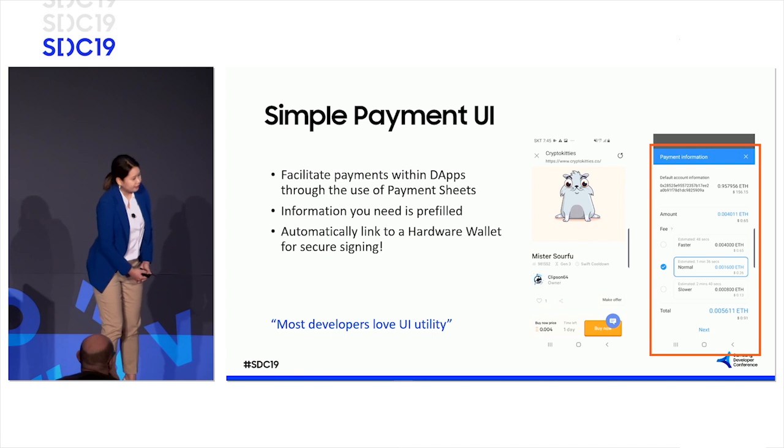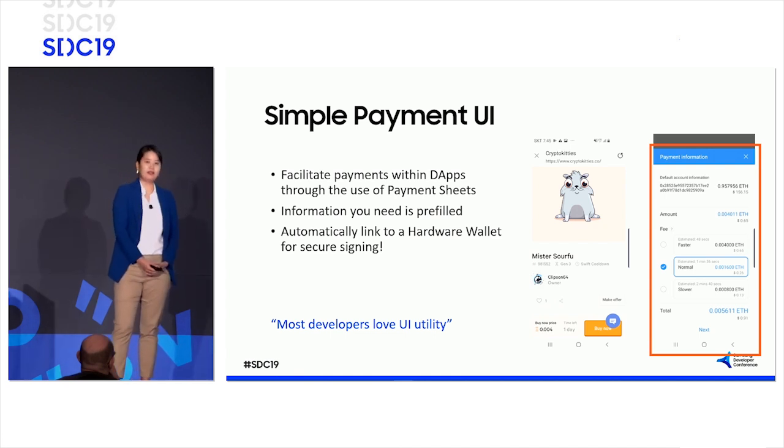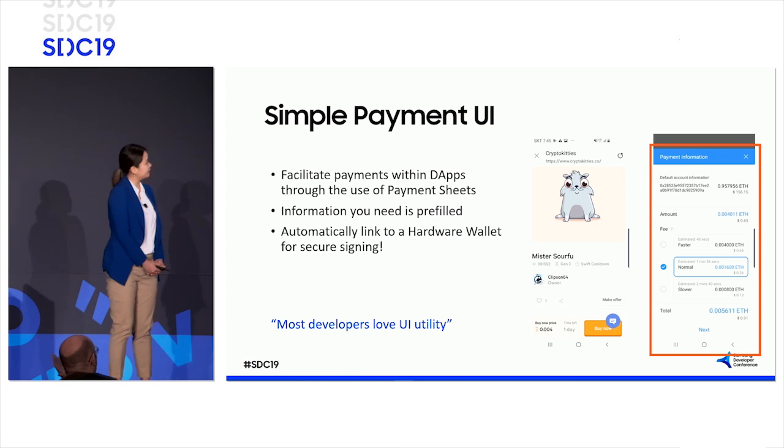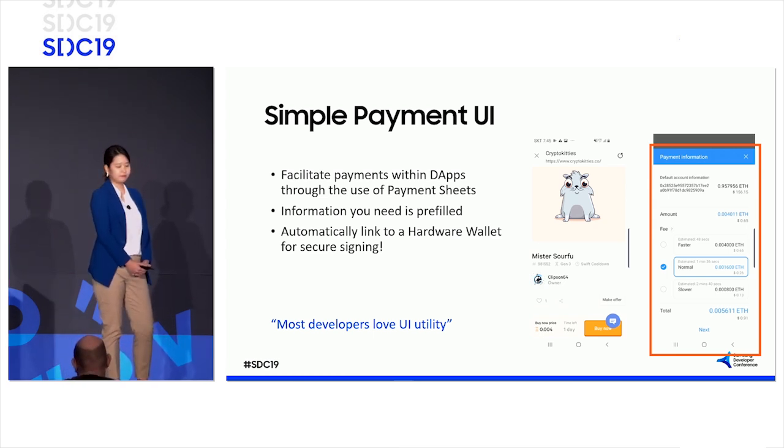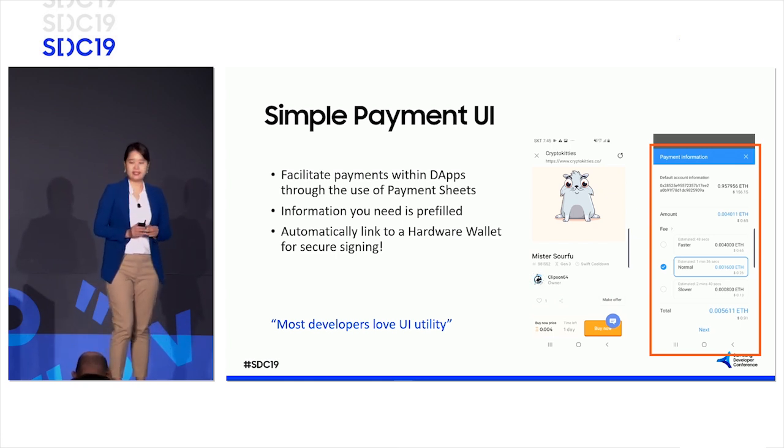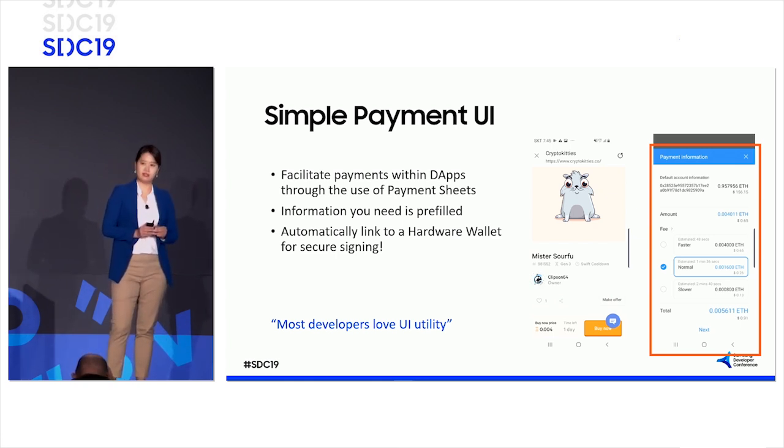In this picture, you can find your Ethereum account, and it shows the Ether balance as well. Also, there is fee information. All these values are parsed by Blockchain Platform SDK, so DApp developers don't need to parse them by themselves.